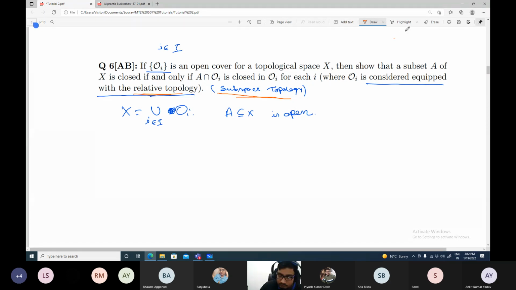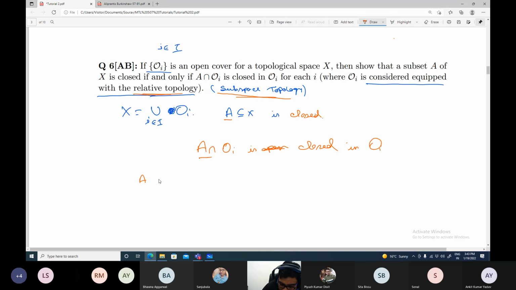Okay. So now we take A, a subset in X. You have to prove that A intersection O_i is closed in O_i.